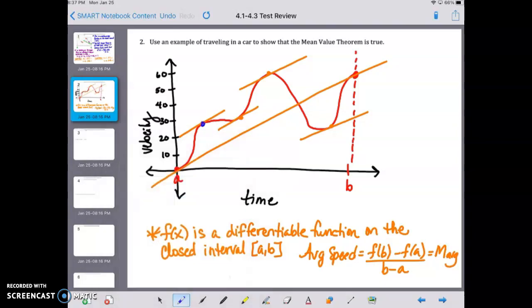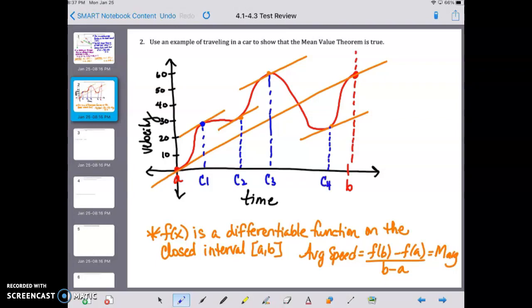So like right here, we'll call this C1. Right here, we'll call this C2. Right here, we'll call this C3. And right here, we'll call this C4. Okay?